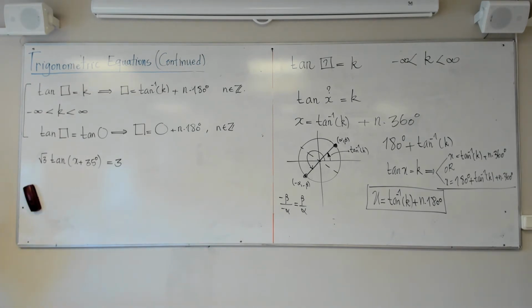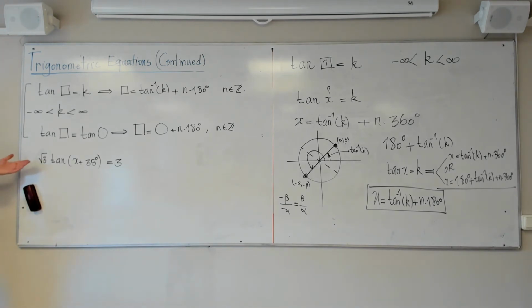So for example, we want to solve this trigonometric equation. Equation means that I am looking for all possible x values so that when I replace x with those, the left hand side becomes exactly equal to the right hand side.